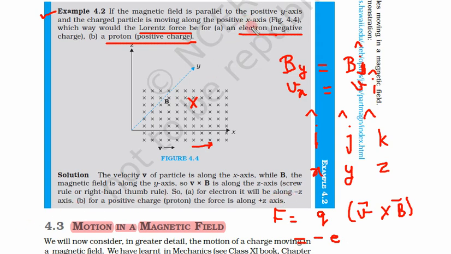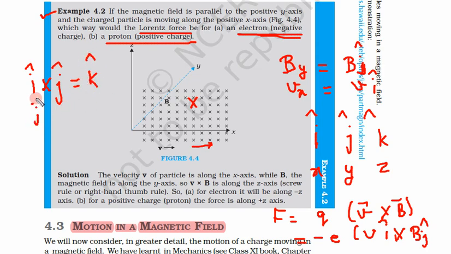So first case is the electron: minus e, v is v i, cross B j. Now the rule for cross multiplication: i cross j is simply k.